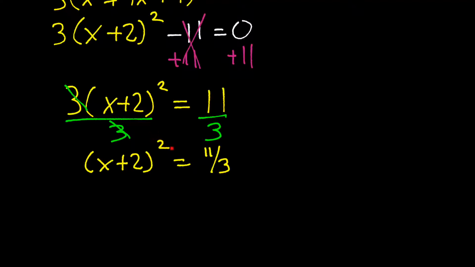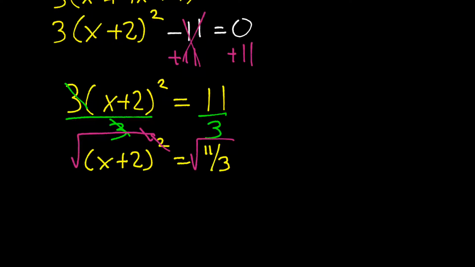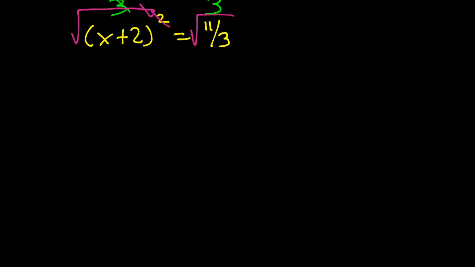Now I can get rid of my exponent using the square root symbol. So I'm going to take the square root of the fraction, and since this is a fraction, we're not going to bother trying to change it around right now. We're going to leave it as it is. This cancels out our square, and we move it up a little bit more.